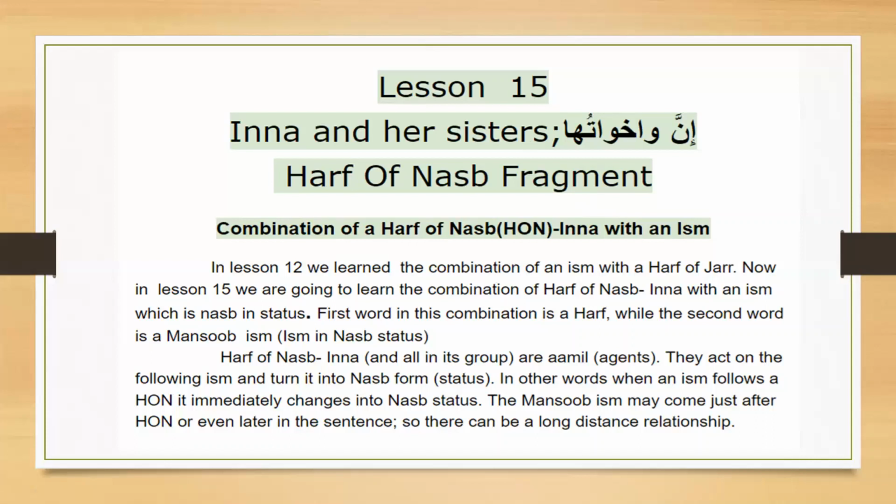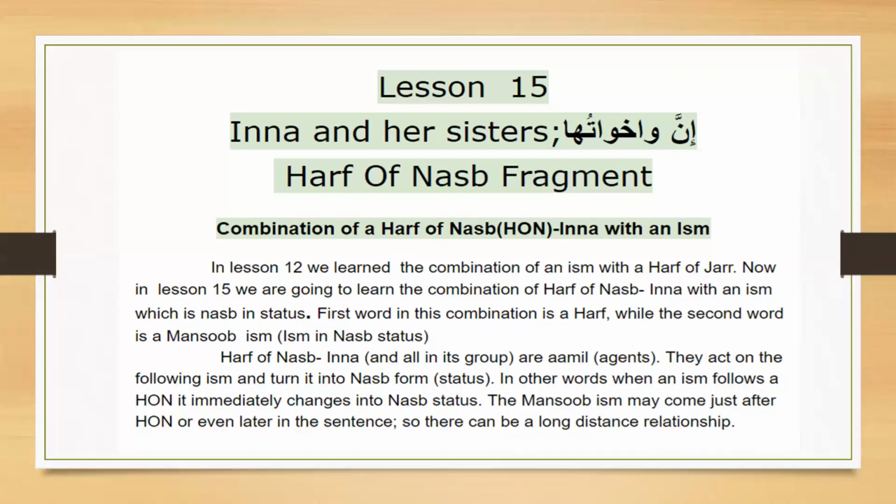So in lesson 12, we learned harf of jar fragment, and today harf of nasb. This is a combination of one harf with an ism. The first word in this combination is a harf, while the second word is a mansoob ism, or ism in nasb status.